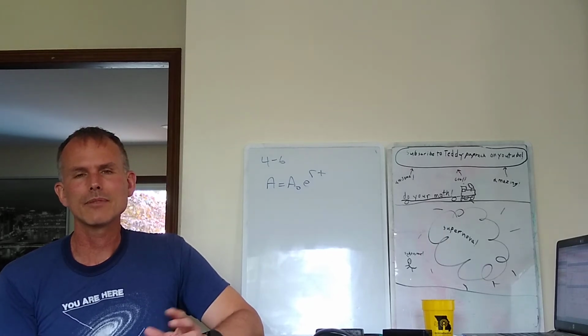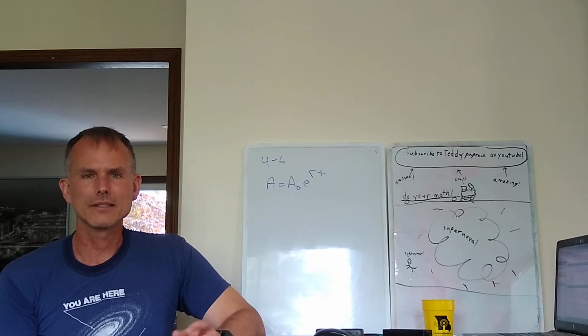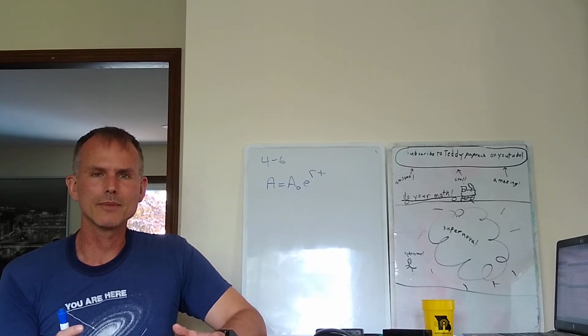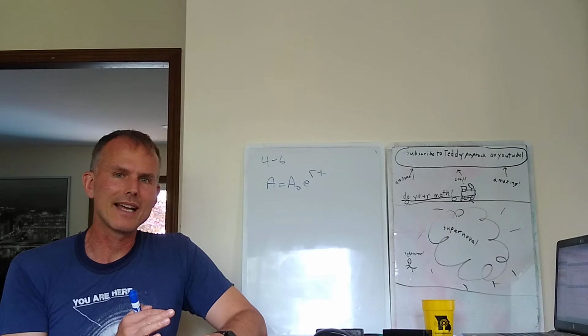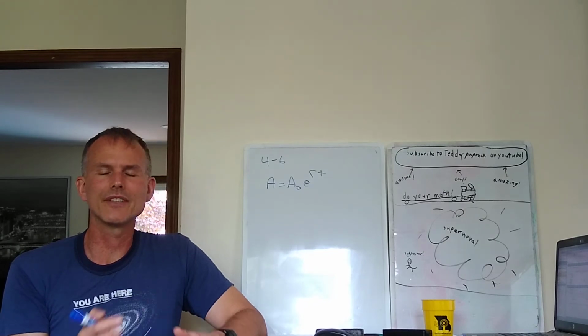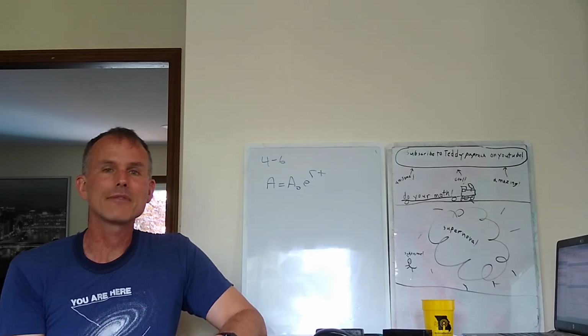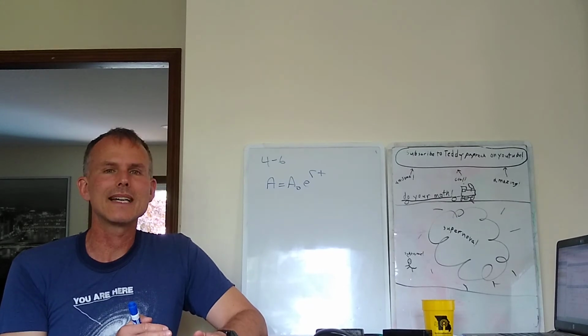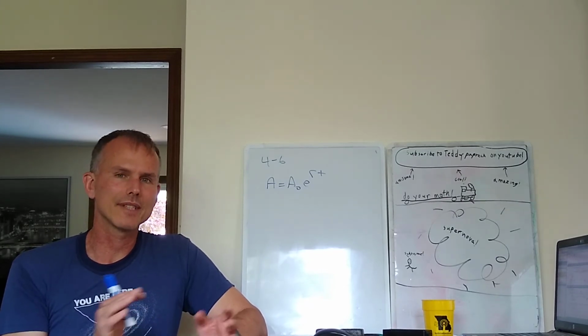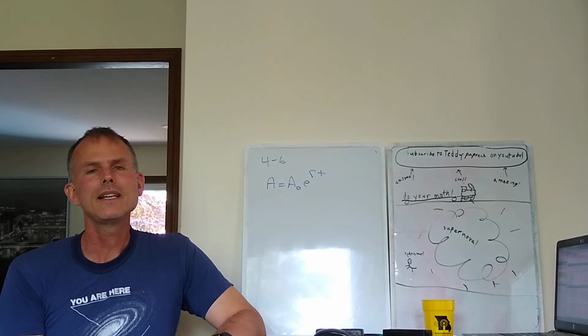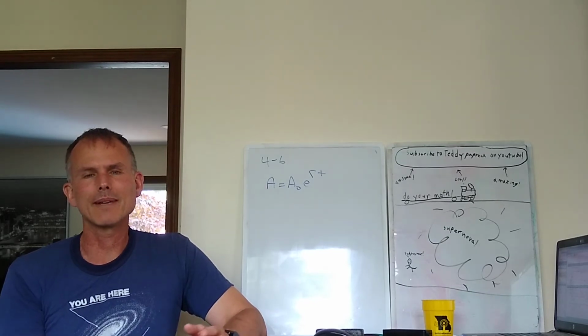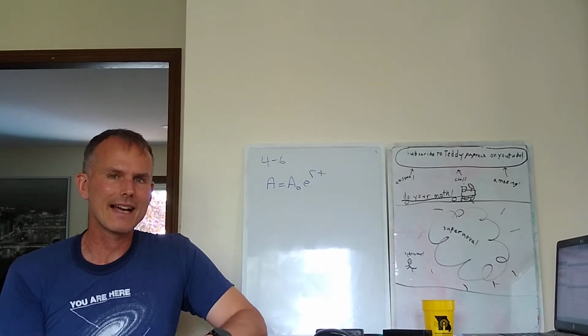For example, if I had 100 kilograms of a radioactive element, after one half-life that amount would be cut in half to 50 kilograms. After another half-life, it'd go down to 25, then 12.5, and it just keeps getting cut in half every half-life.